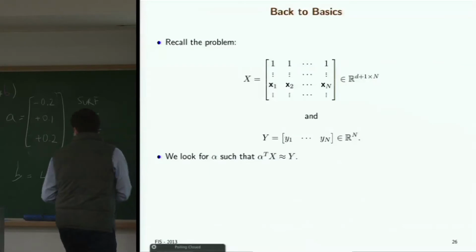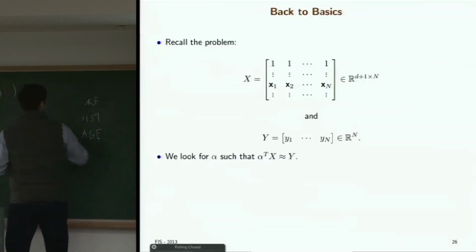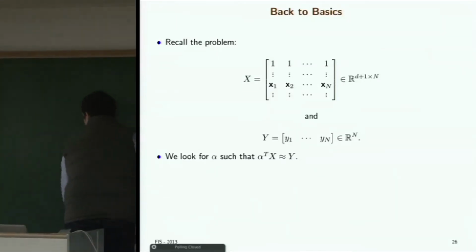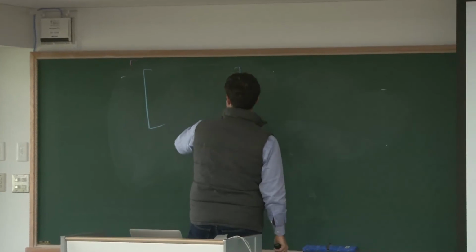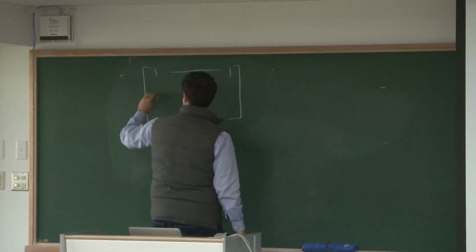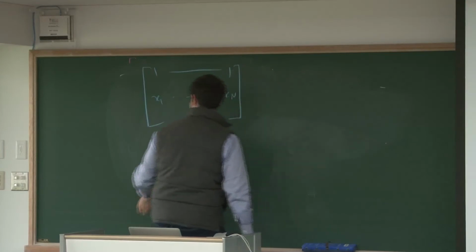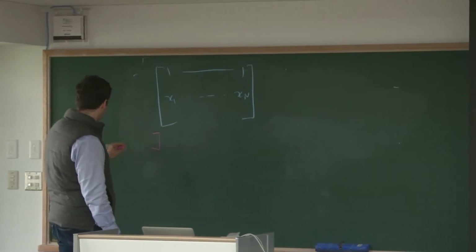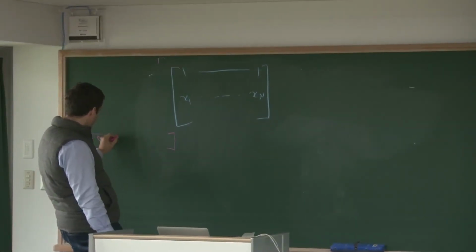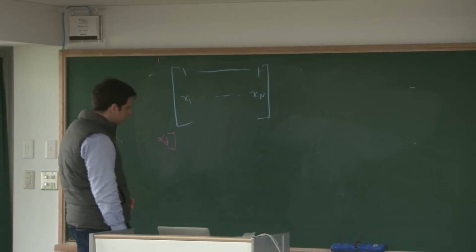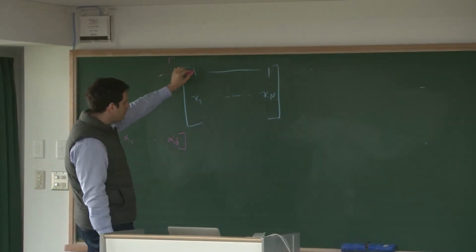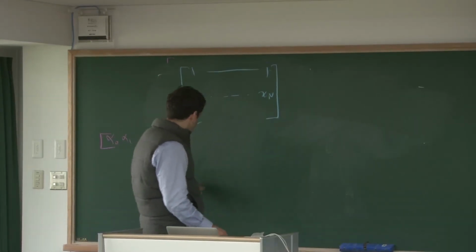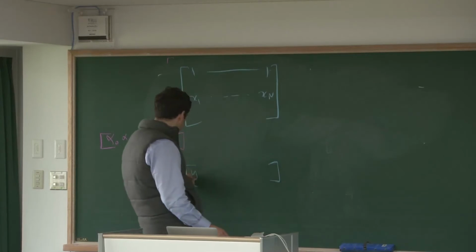So remember what we're doing: we have here 1, x1, xn. We are looking for alpha. So we usually write alpha 0, alpha 1, alpha d, such that this product will kind of agree with our matrix Y. Okay?